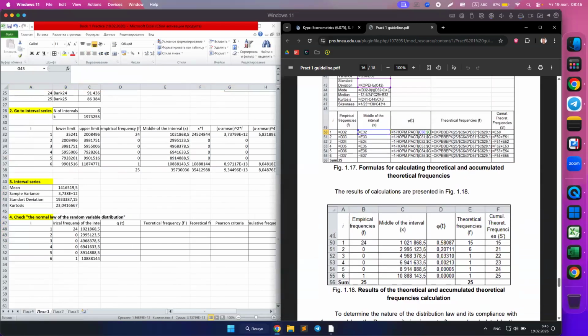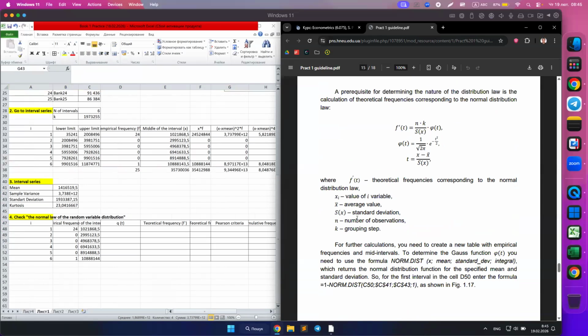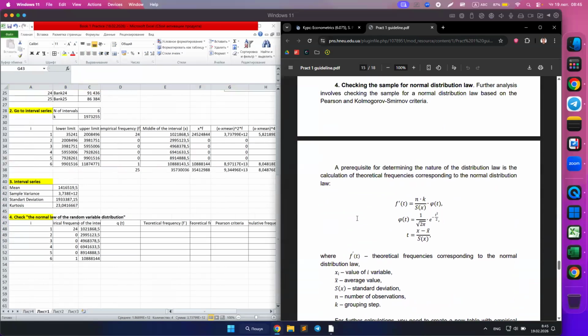In our methodological recommendation, we have information about all these values. Here you can see information about checking the normal distribution law, and here you can see the formulas for each value.